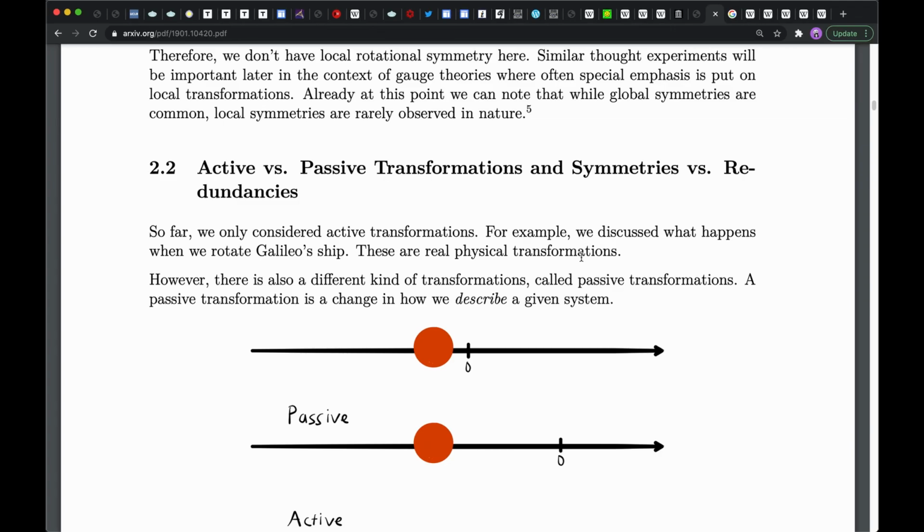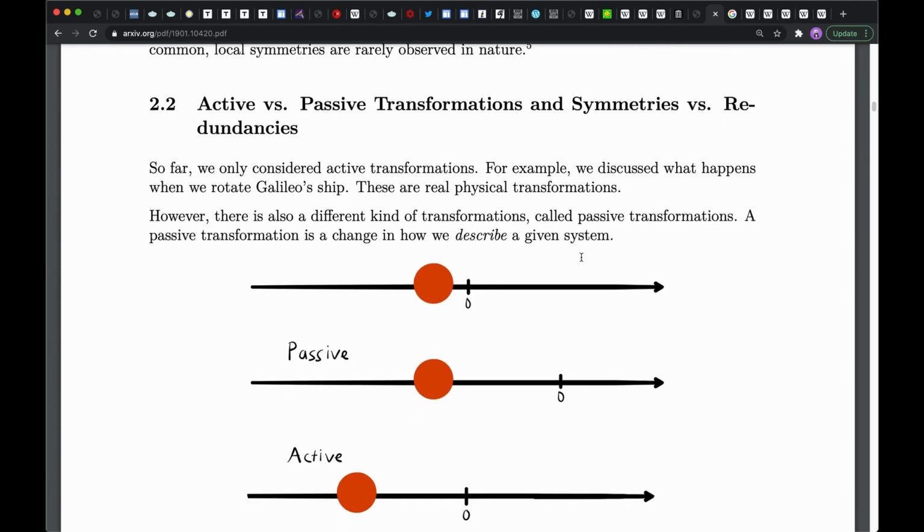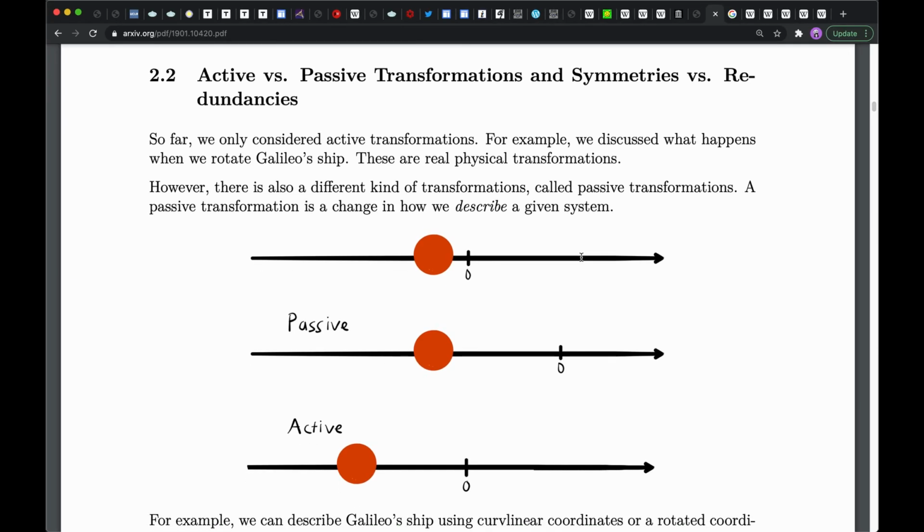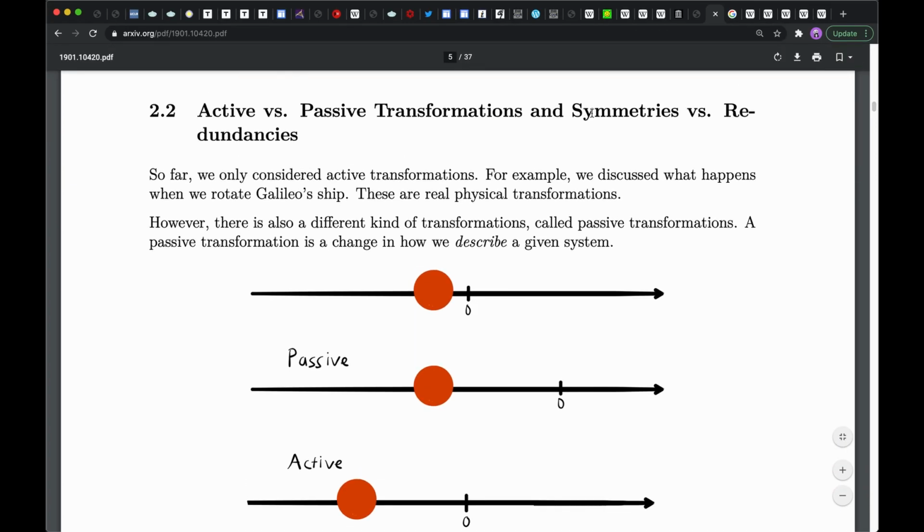The basic idea here is that passive transformations just change our coordinate system and don't change anything physically. Active transformations are more connected with a physical world impact, and therefore we can say that symmetries should be active ones, connected to the real world.